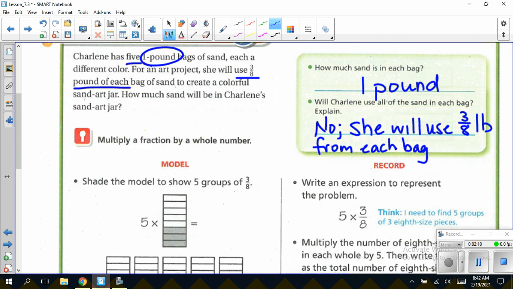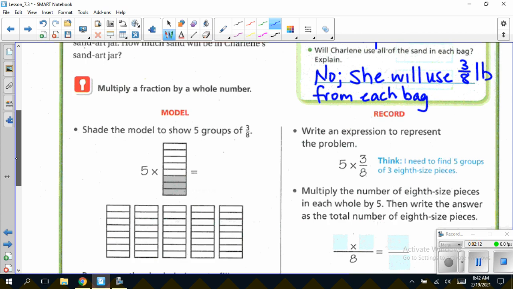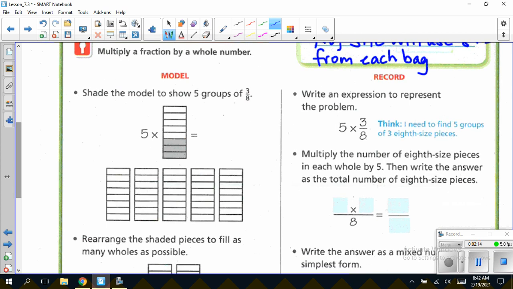So now, ladies and gentlemen, we are going to go ahead and multiply our whole number, which is 5, because remember there are 5 bags and each bag has 1 pound. And we are going to take 3/8 of those 5-pound bags.